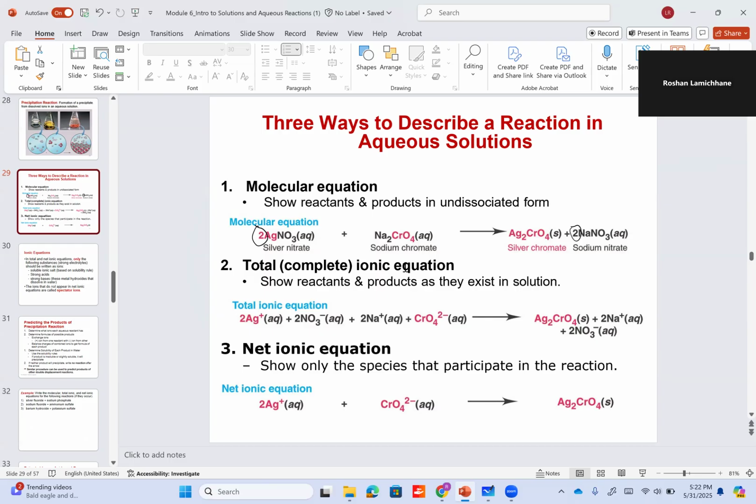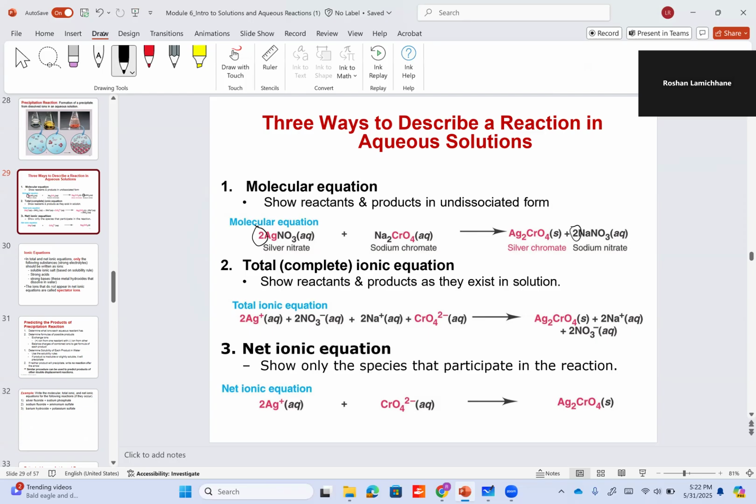And finally, for the net ionic equation, what you do is, after you write down the total ionic equation, you cancel out the ions that are the same on both sides. I see that I have nitrate ion on both sides, so let's cancel that out.